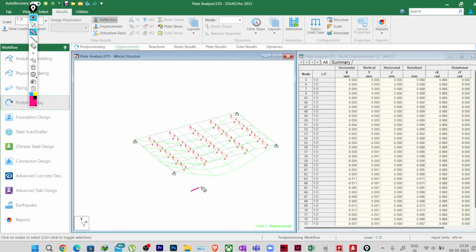A little amount of bending is happening along the x-axis also. So the minor bending moment will happen along the x-axis. This is the first interpretation by seeing this result.